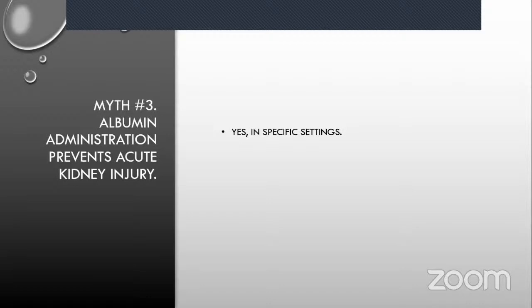Yes, in specific settings. Now, what are the settings? It was shown that in patients with liver cirrhosis and ascites, if you're doing large volume paracentesis, for example, removing about 5 liters of ascitic fluid in one setting, and you do not replace albumin, you will end up with an AKI.